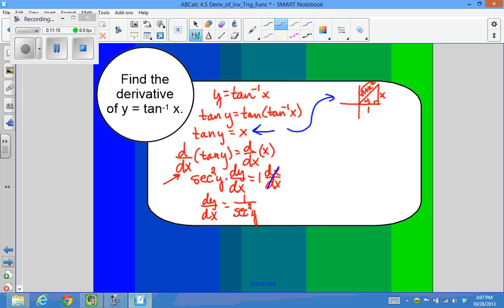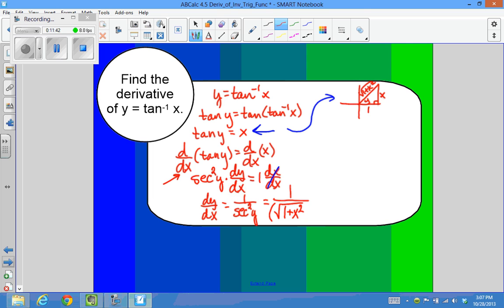If my hypotenuse is the square root of 1 plus x squared and my sides are 1 and x, then when I go back down and look at secant, secant is the reciprocal of cosine. Well, cosine is adjacent over hypotenuse, so I need to be doing hypotenuse over adjacent. That means that this right here is 1 over the square root of 1 plus x squared, over the 1, I do not have to write the 1.